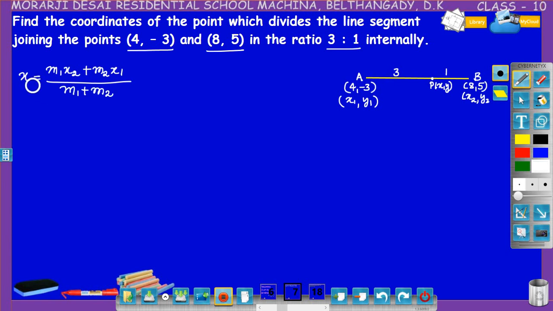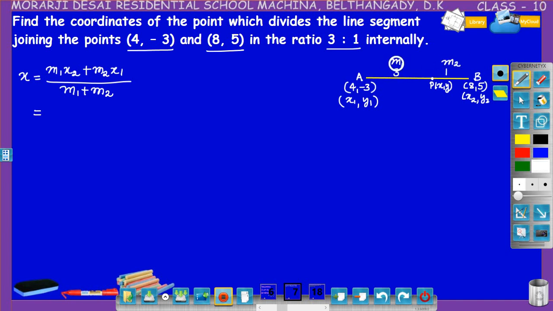X coordinate of point P, that is equal to, what is m1? Take it as m1 and m2. First ratio is m1, then second one as m2.